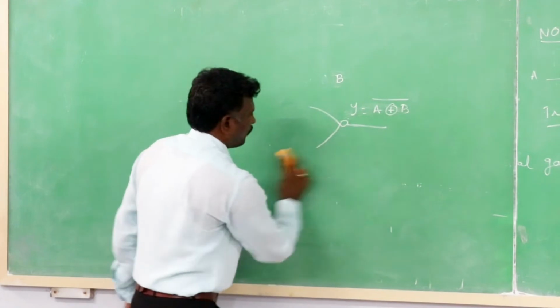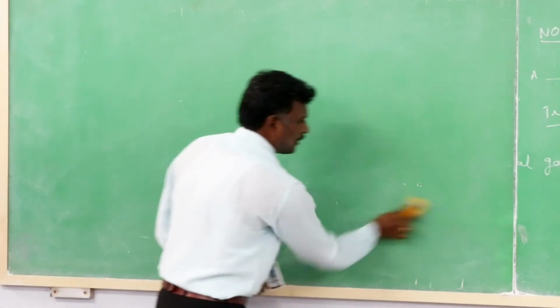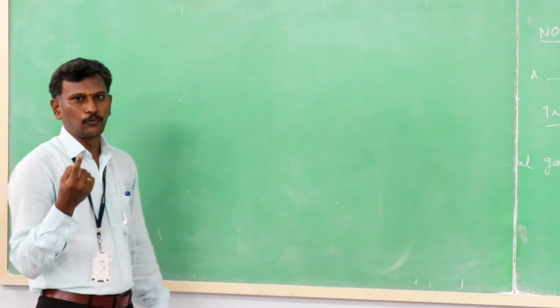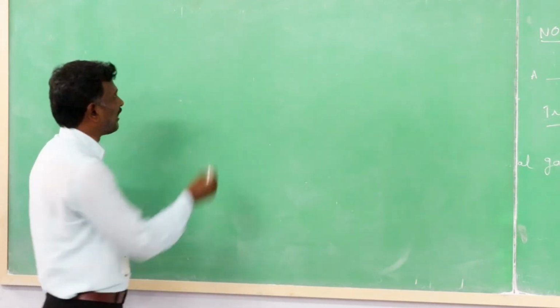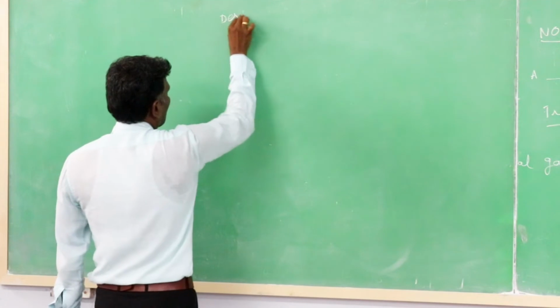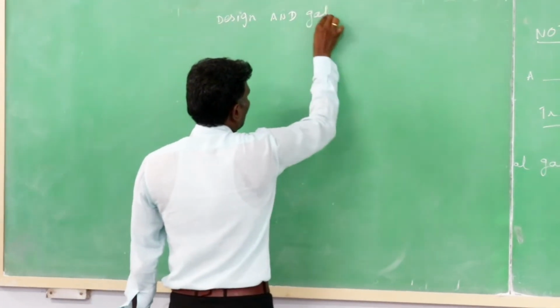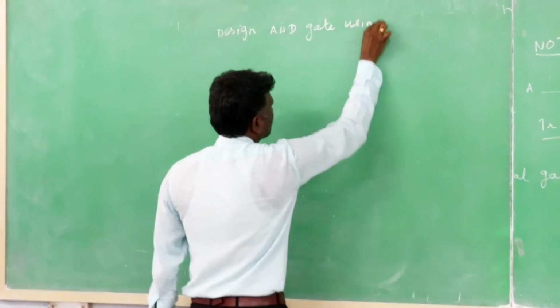Now we are going to design using universal gates. One example: design an AND gate using only NAND gates.